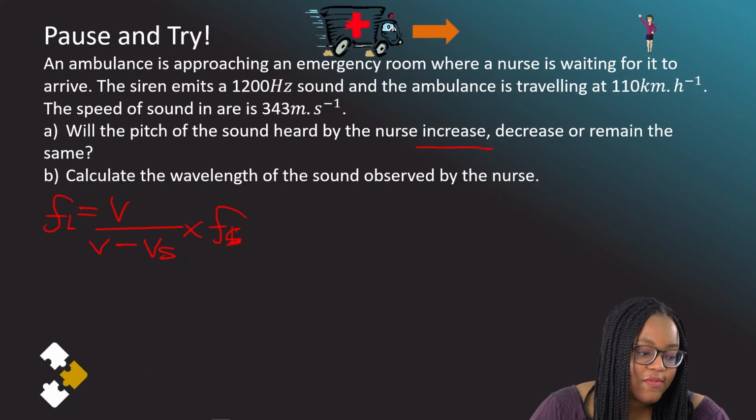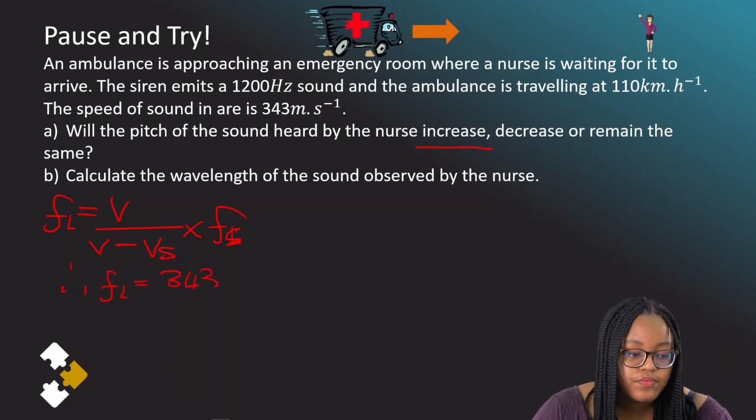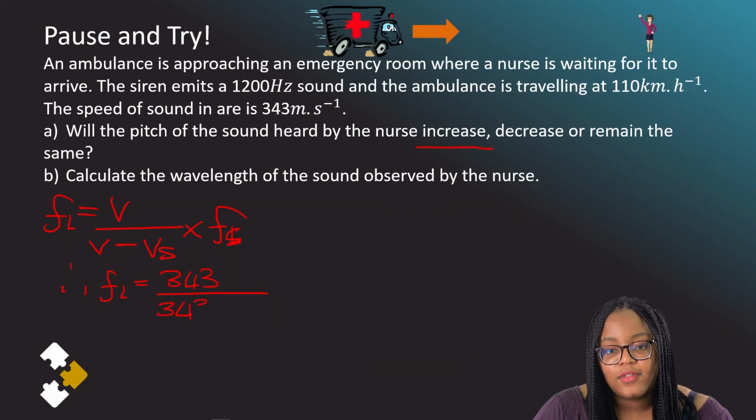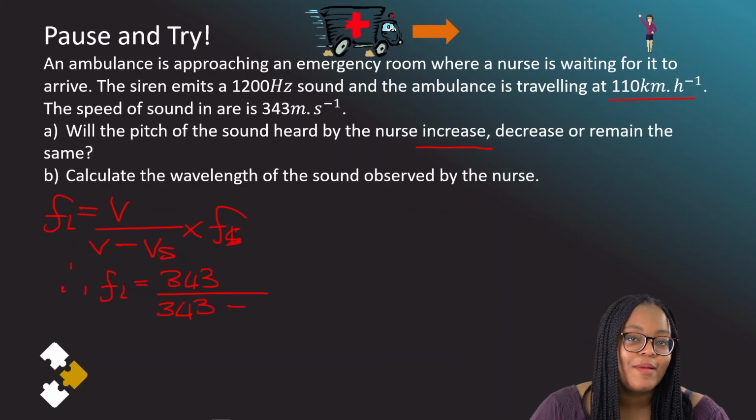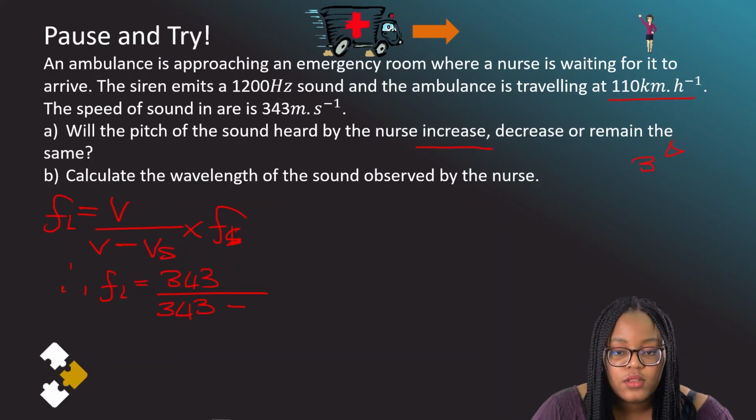Plugging our values into that formula, the frequency of sound experienced by the nurse is going to be equal to 343 divided by 343 minus Vs. The speed of the ambulance we've been given is 110 kilometers per hour, and we know that we need to have it in meters per second, so we're going to convert that and get an answer of 30,6 meters per second.